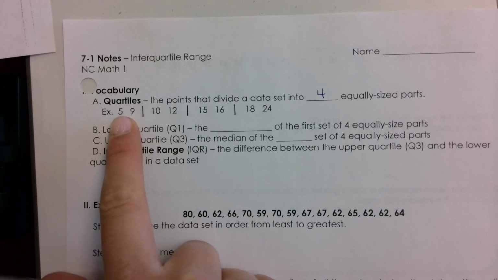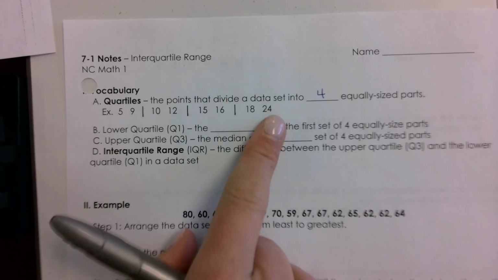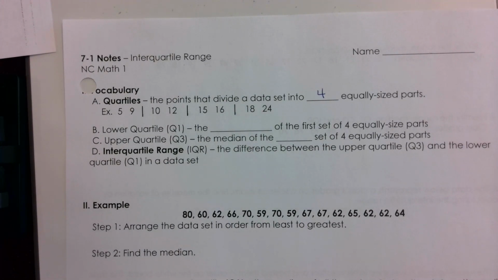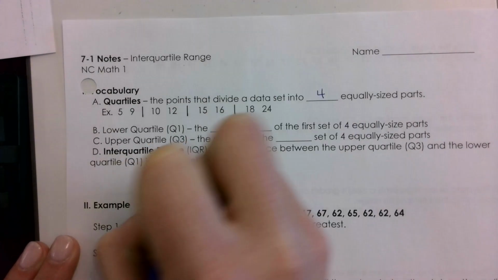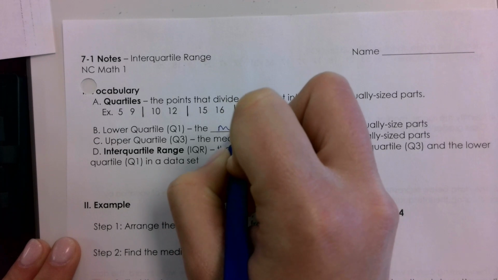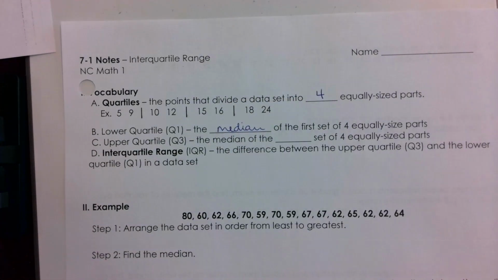So like we've got this data set here and it's split into 4 equally sized parts. So your lower quartile, we call that Q1, is going to be the median of your first set of equally sized parts. And your upper quartile, Q3, is going to be the median of the second set. What's the second set?